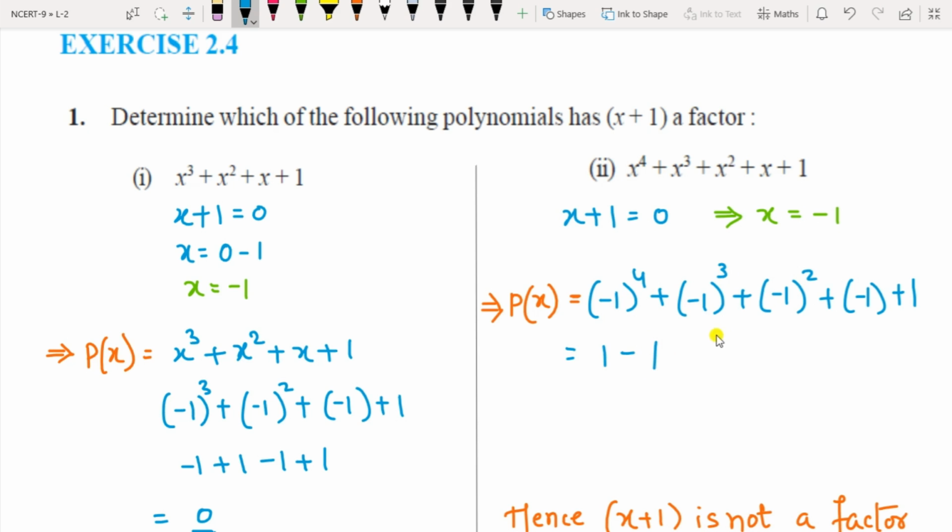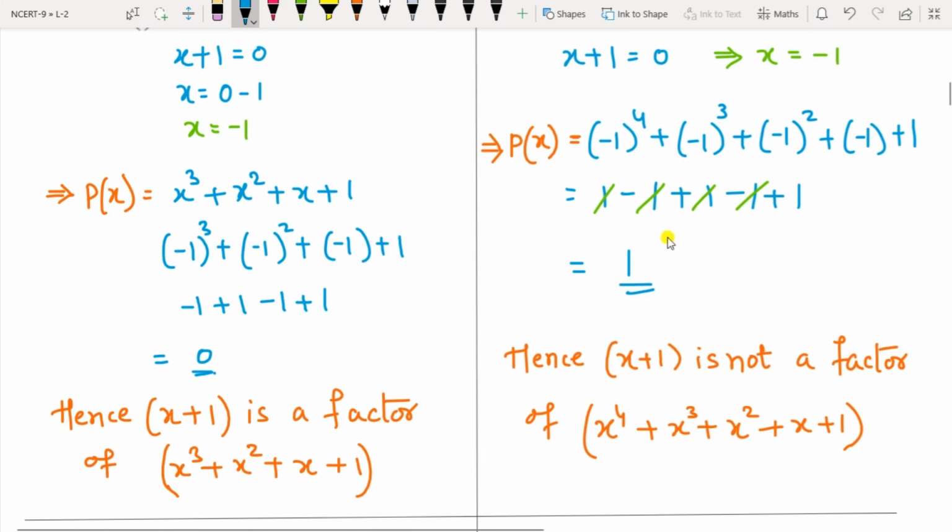So this is even, this will become plus, and this is plus minus minus, and this is plus. So cancel the opposite terms. Plus 1 minus 1 plus 1 minus 1 will get cancelled, and here you are getting 1 as the answer. The remainder is not 0 here, it is 1, and therefore x plus 1 is not a factor of the given p(x).